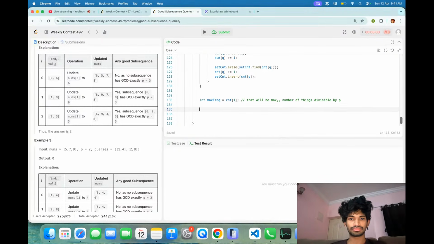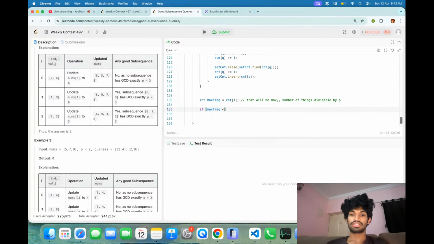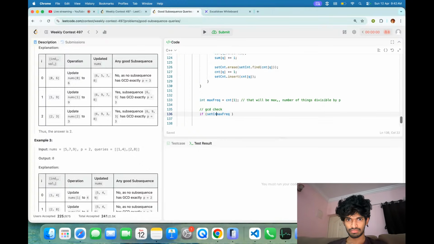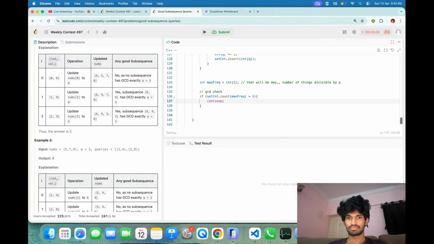Now we have to check. First we'll check GCD. Because count of 1 will always be there, right?